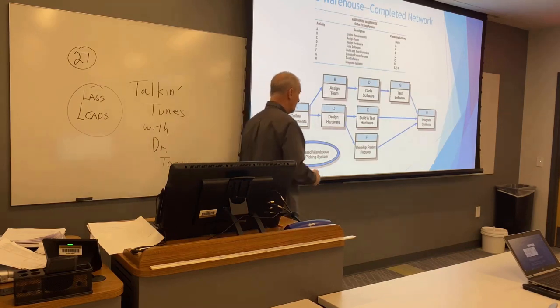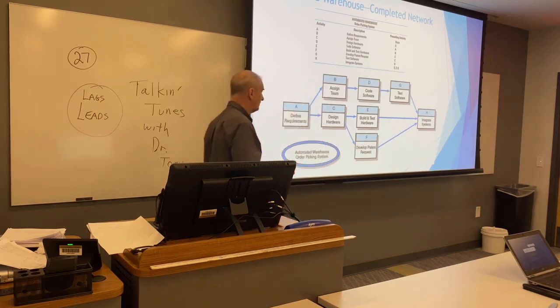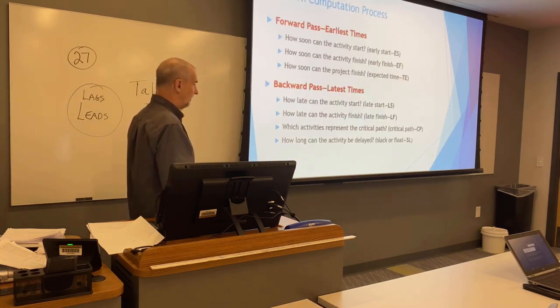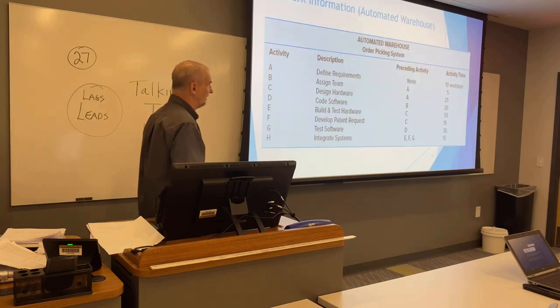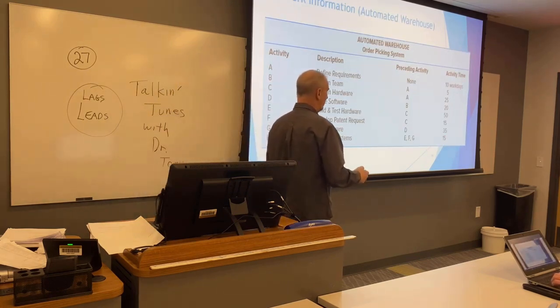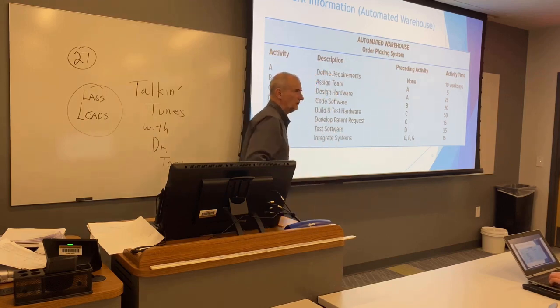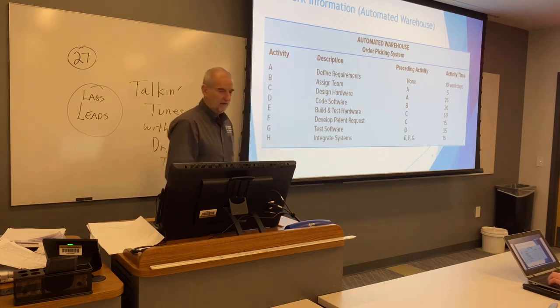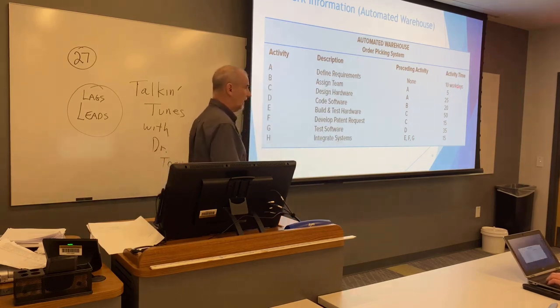Okay, so here we are. So we have our diagram. We talked about this. So now we need to assign some time, correct? How long is it going to take? These are work days. So this is Monday through Friday. So this one's going to take 10 work days.